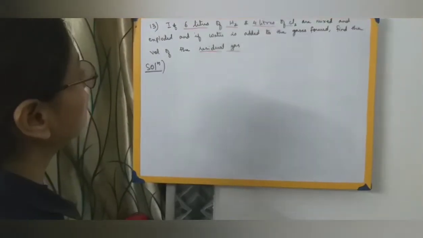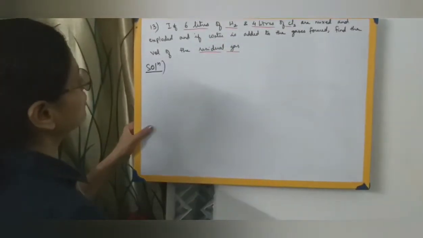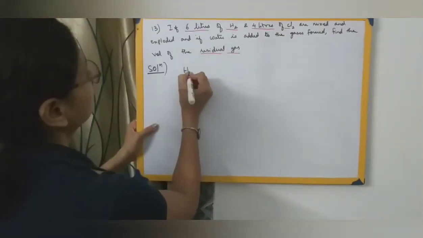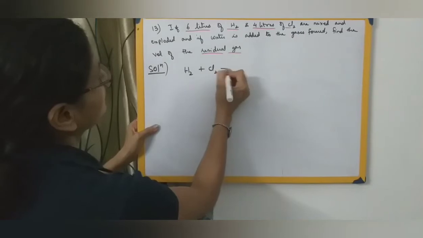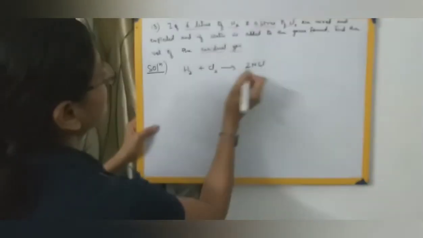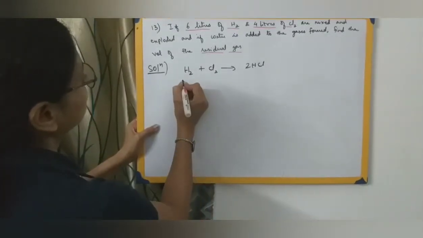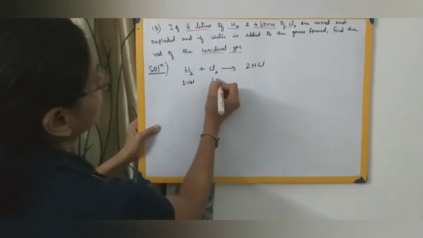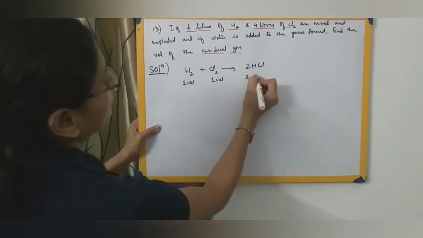No equation has been given, so hydrogen and chlorine react together. So H2 plus Cl2 gives 2HCl. It's balanced. So this is 1 volume, 1 volume, 2 volume.